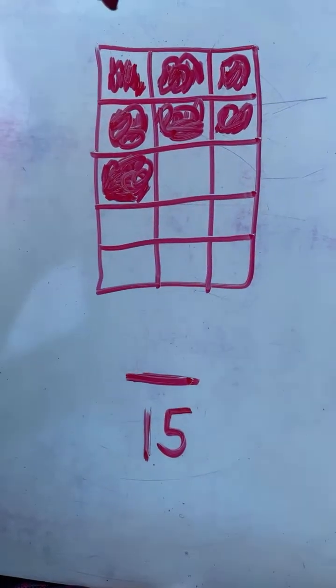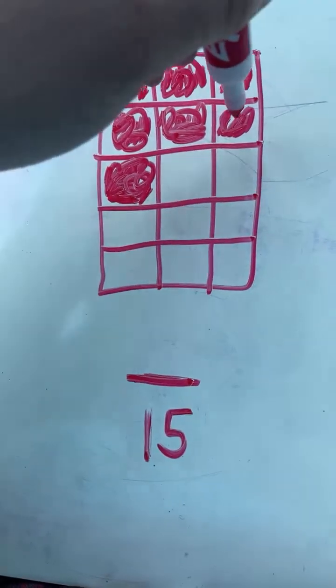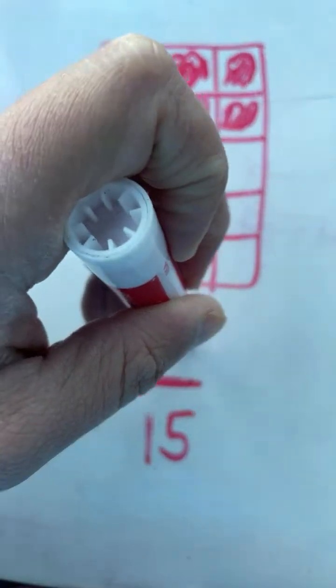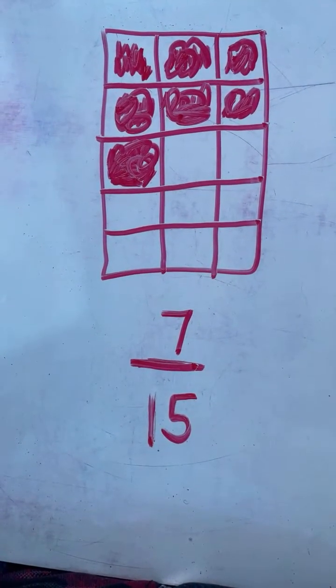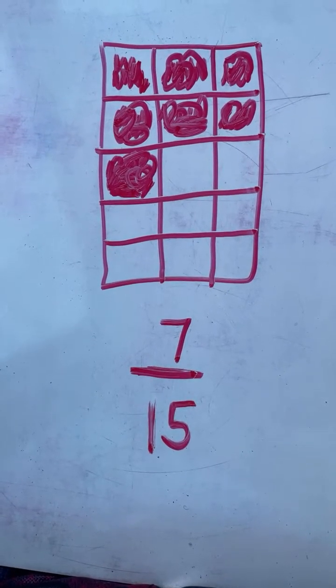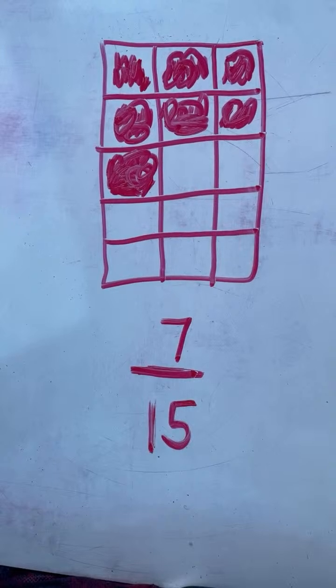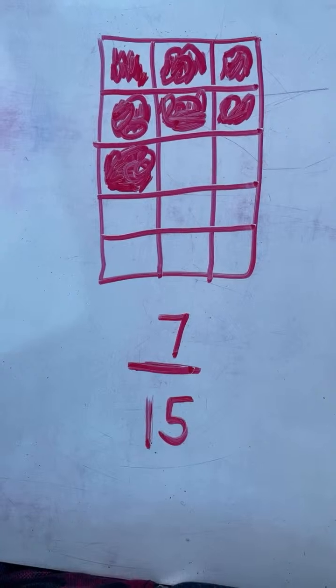Now we have to count the number of boxes that are shaded. 1, 2, 3, 4, 5, 6, 7. 7 of the 15 boxes are shaded. So the fraction that this model represents is 7/15.